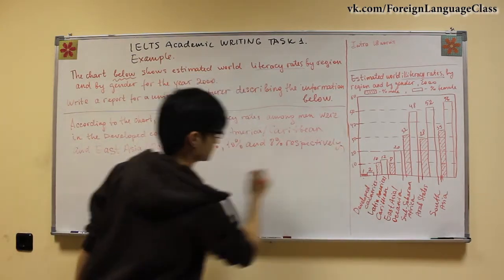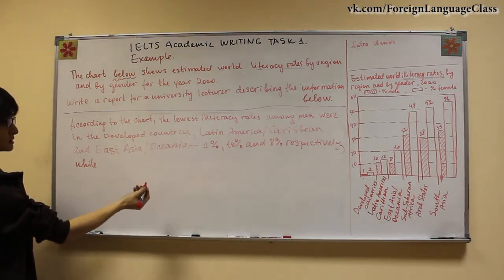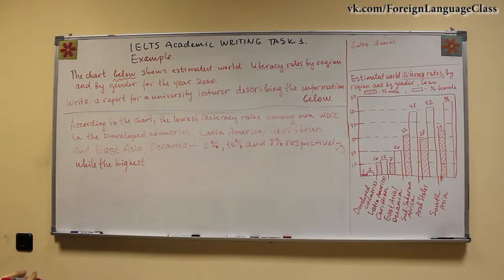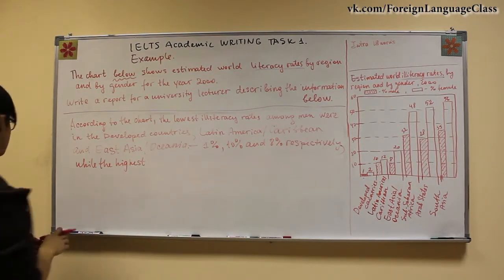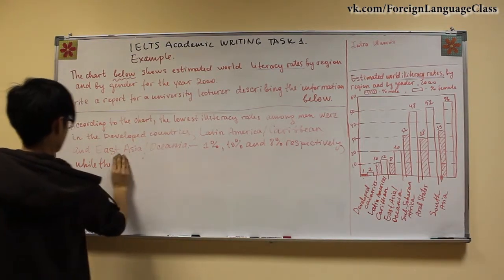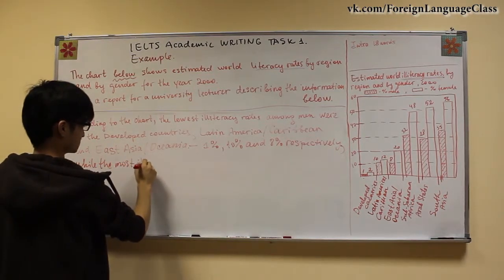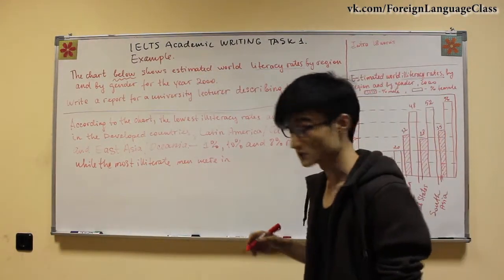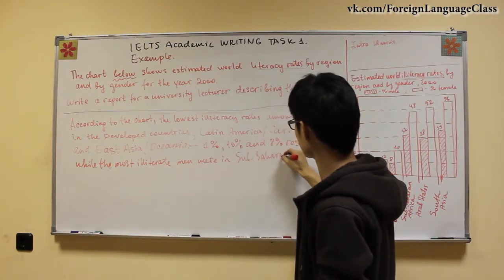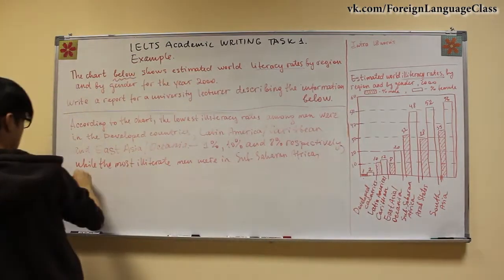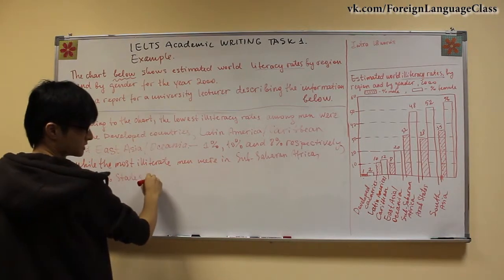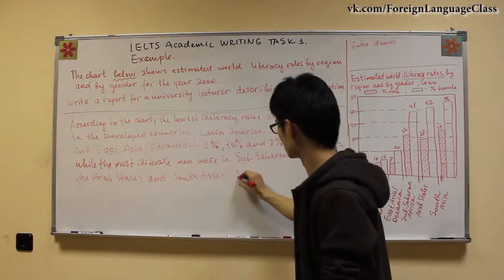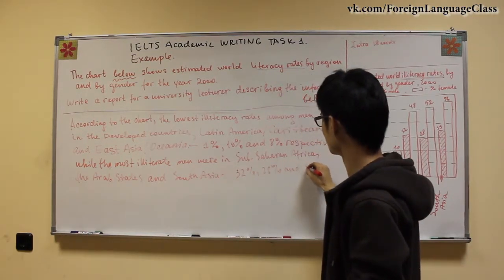Okay, let's continue. While the highest illiteracy rate, or the least, the most illiterate, let's write the most illiterate men were in Sub-Saharan Africa, the Arab states, and South Asia. 32%, 28%, and 35%.